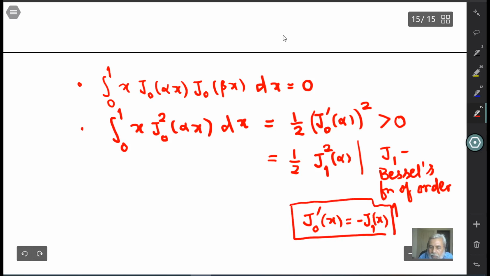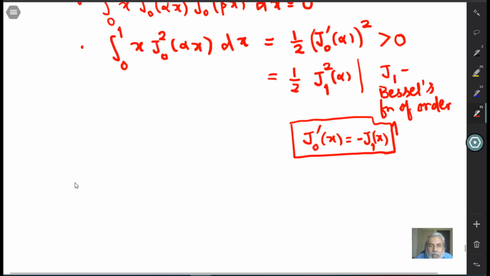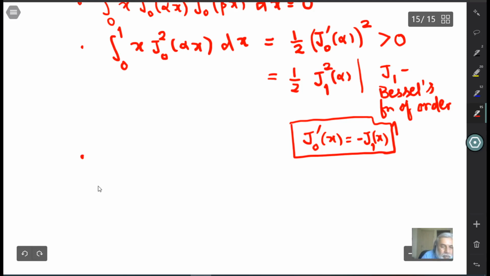All these properties can even be deduced from the Sturm-Liouville theory we study in ordinary differential equations, Sturm comparison theorems, and many other things. There is another one we require in this computation: the integral from 0 to 1 of x J0(alpha x) dx.